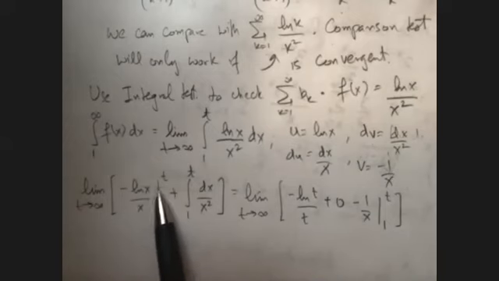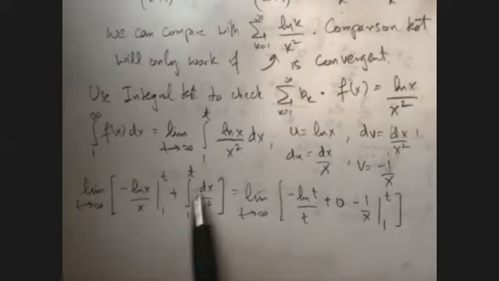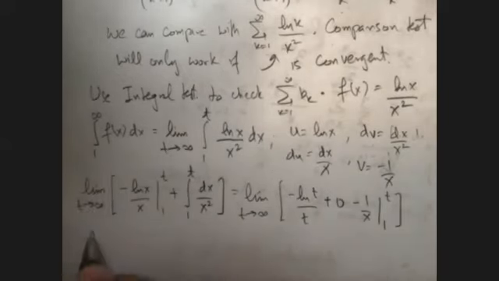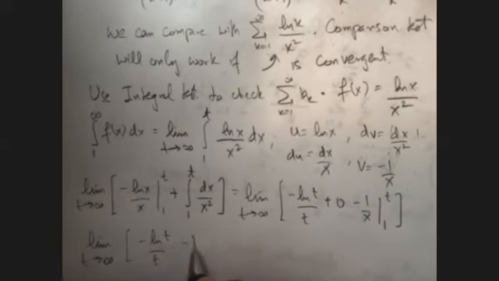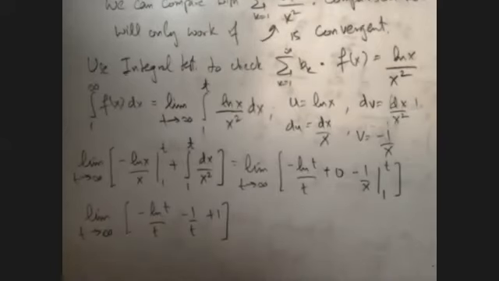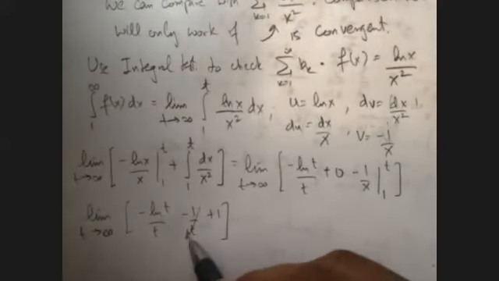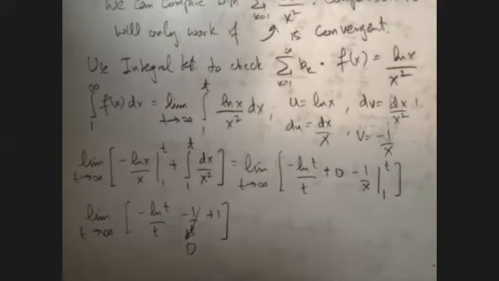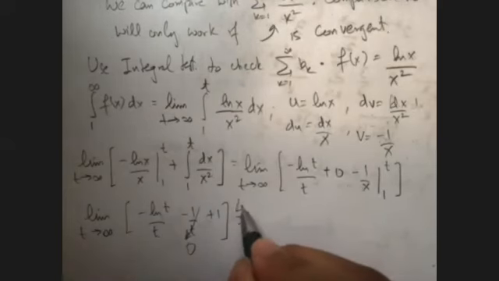When you substitute t, you get ln t over t. When you substitute 1, ln 1 is 0. As t goes to infinity, this term goes to 0. What about this term? You can use the L'Hopital rule.